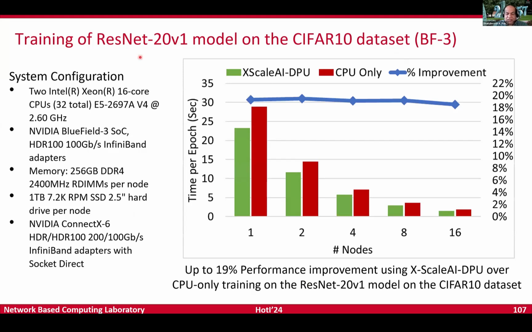This is a training of ResNet-20 model on the CIFAR-10 dataset on BlueField-3 up to 16 nodes. And here is the time per epoch, so lower is better. Depending on the number of nodes, we are able to show almost like an 18% improvement.